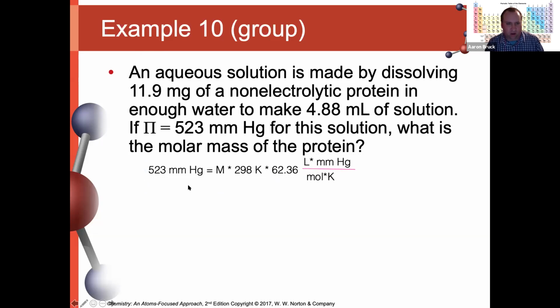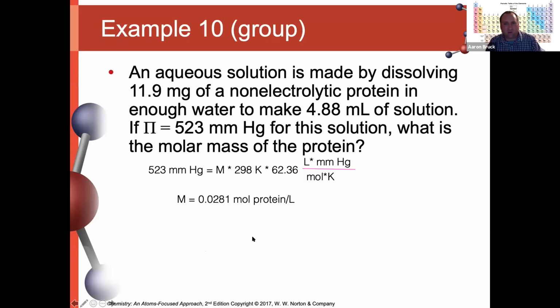If we do out our algebra, 523 divided by 298 divided by 62.36 would give us a molarity of 0.0281 moles of our protein per liter.